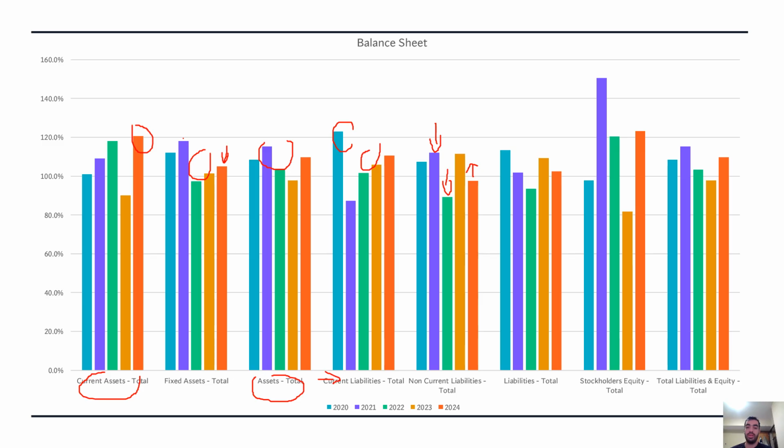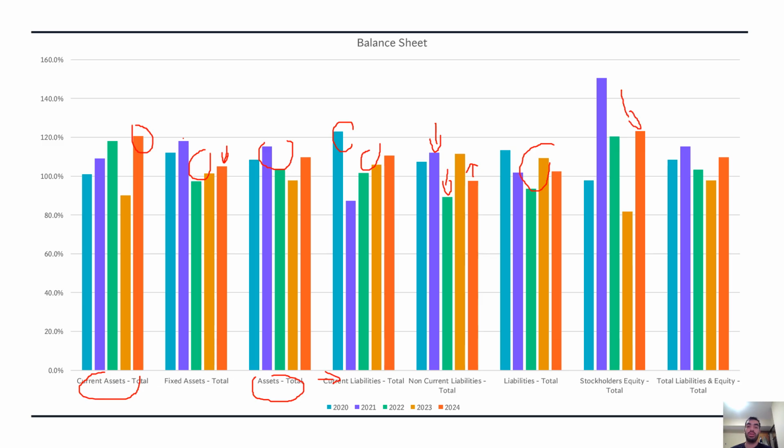And total liabilities are increasing overall, led by growth in current liabilities and variations in non-current liabilities. At the end, stockholders' equity shows significant growth, especially in 2024, indicating a stronger ownership stake.